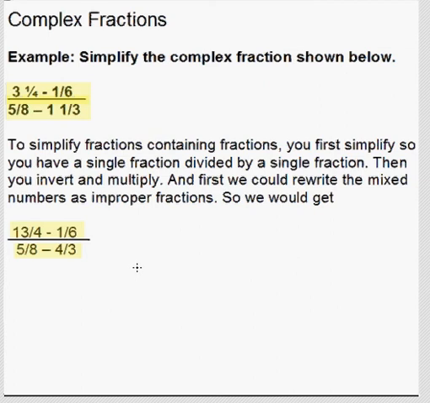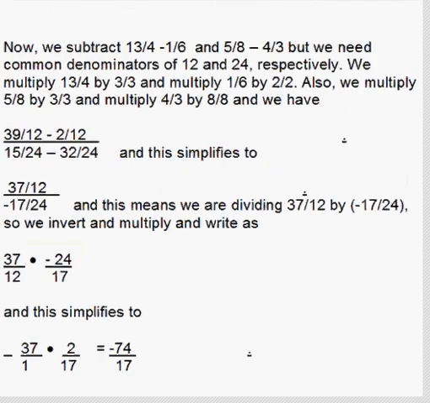So now we have our problem turned into just 2 fractions subtracted in the top and 2 fractions subtracted in the bottom. Okay, now we have to do the subtractions. We need common denominators in both the top and the bottom. In the top, we have 13/4 minus a sixth. The common denominator is the least common multiple of 4 and 6, and that happens to be 12.